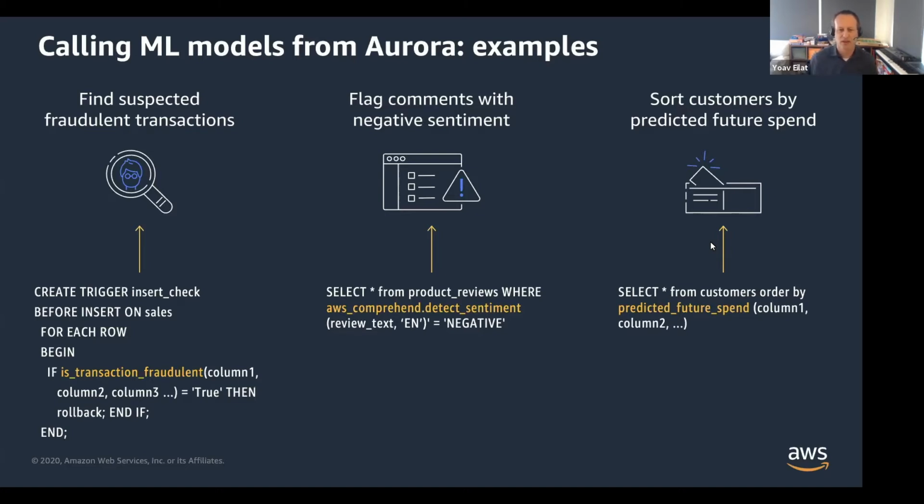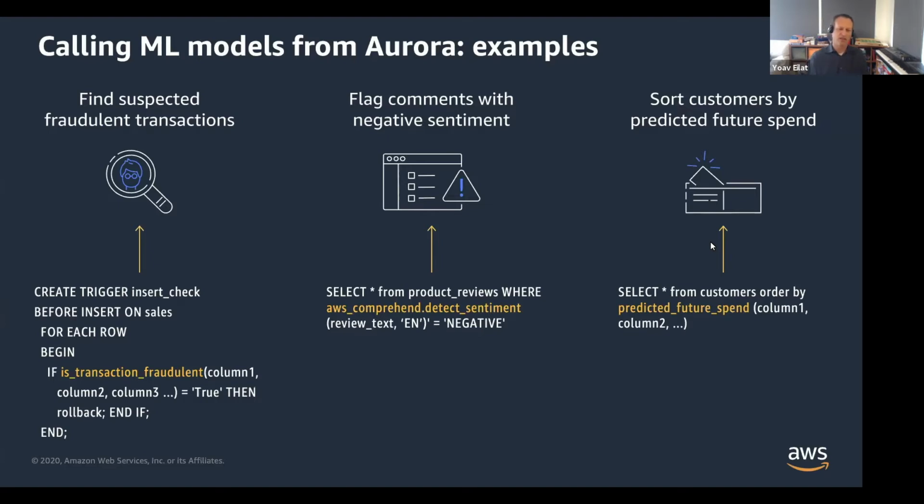The second example is using the other service, Comprehend, to do sentiment analysis. Here we're looking at text, and you're passing a text that somebody wrote, for example, something somebody said about your product on your website. So, this product is excellent, this product is terrible, or whatever, and you want to look at the sentiment of what they said.